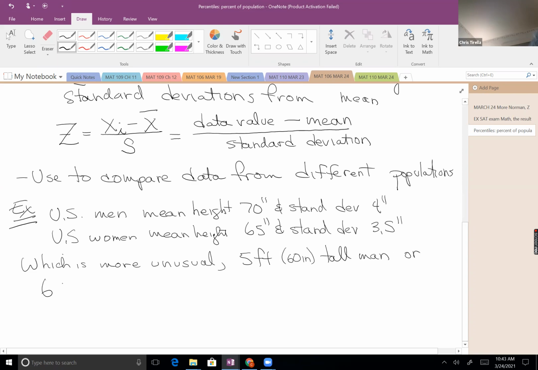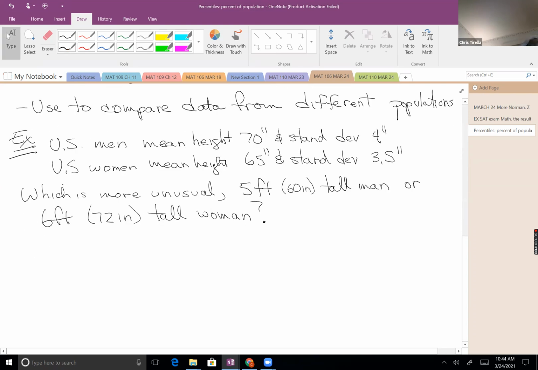Or a 6 foot, which would be 72 inches, tall woman. Well, 5 foot's really short for a guy, but 6 foot's really tall for a woman. Which is more unusual, which is more out of the ordinary?